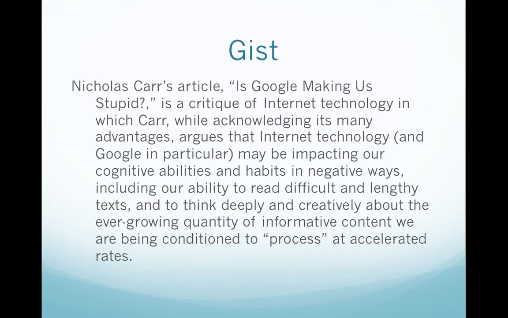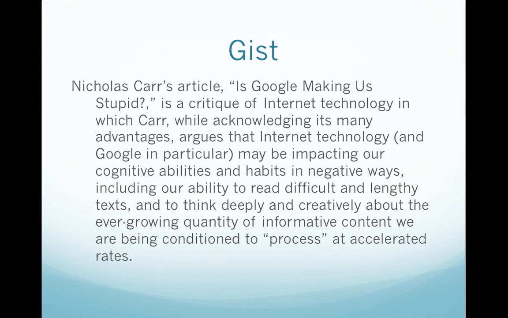The gist would again be the overall overview of the piece, including not only its main claims, but the kind of piece it is, the kind of text, what it's doing, what it's designed to do. And so here is my attempt to capture the gist of Carr's article.